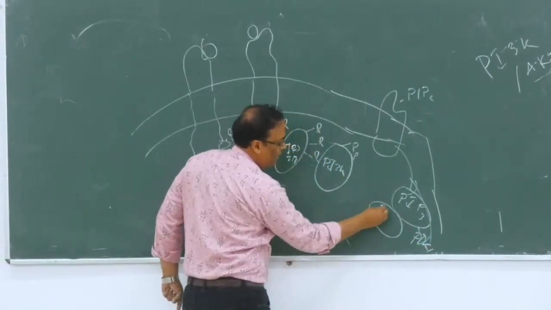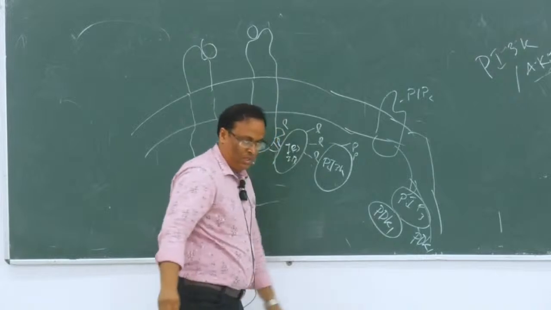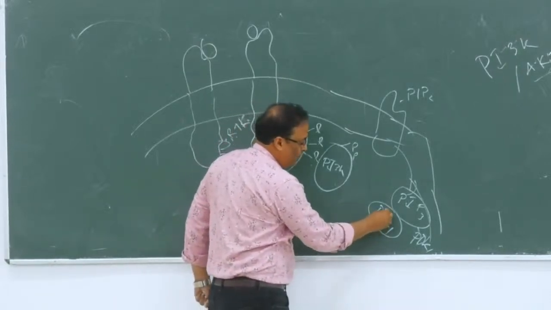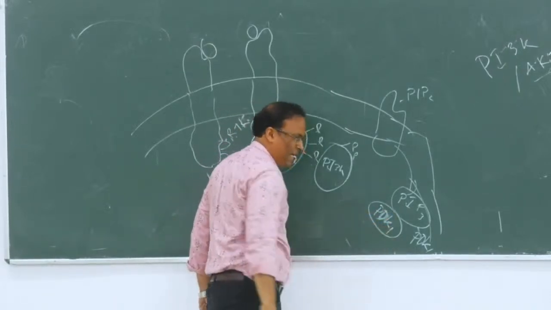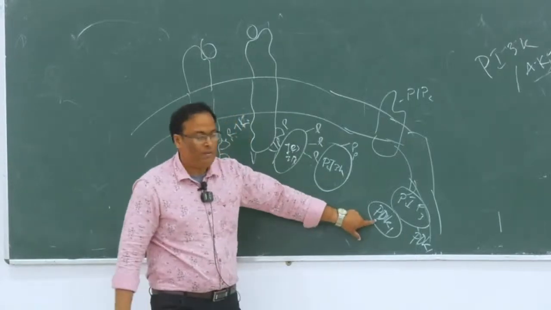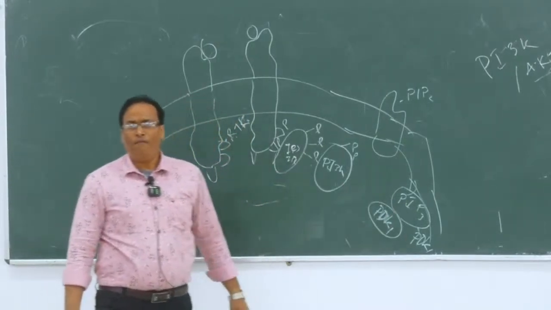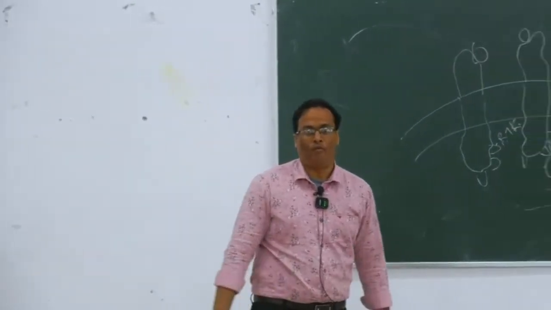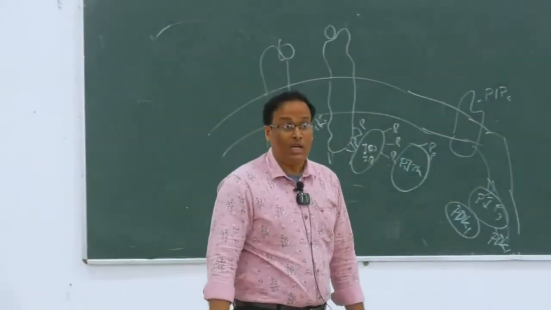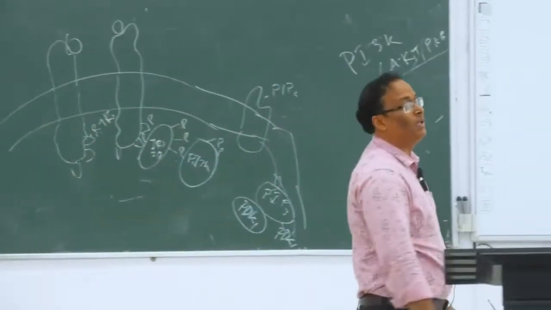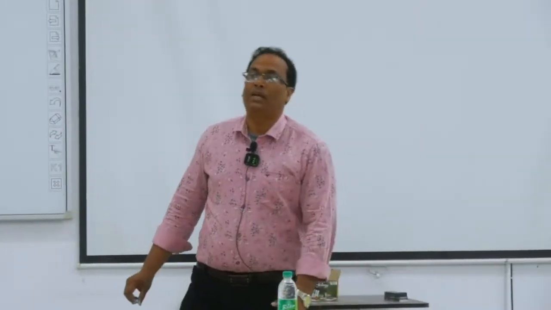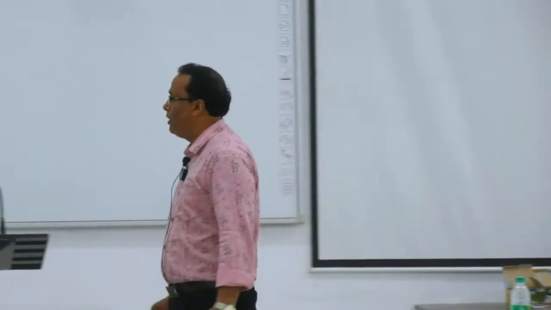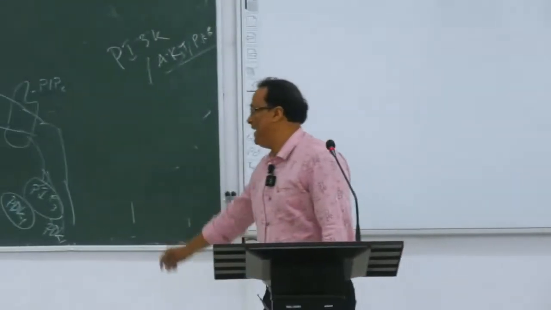I have drawn PDK1. It has more names, but I am not going into details. So this is the connection. After this connection, the inactive form of AKT or protein kinase B will be activated by phosphorylation. So the signaling pathway name is PI3K and AKT.